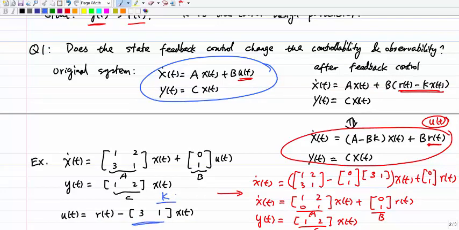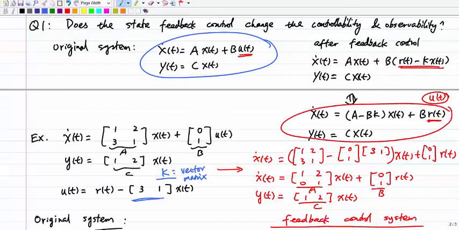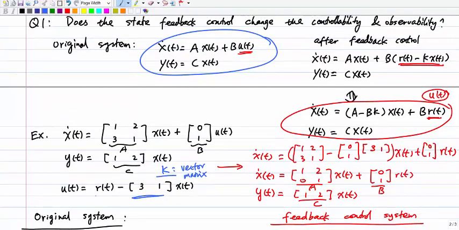One thing I want to emphasize: K doesn't have to be a scalar. K can be a vector, or even a matrix. How do we determine the dimension of K? First of all, u(t) here is a scalar.